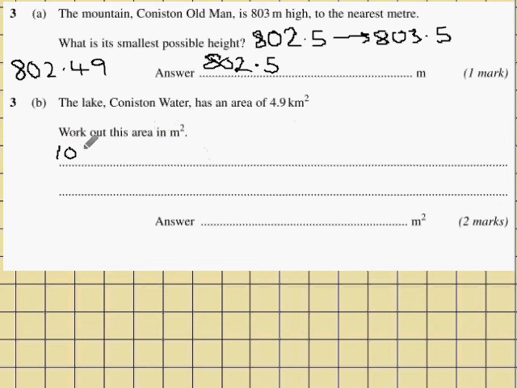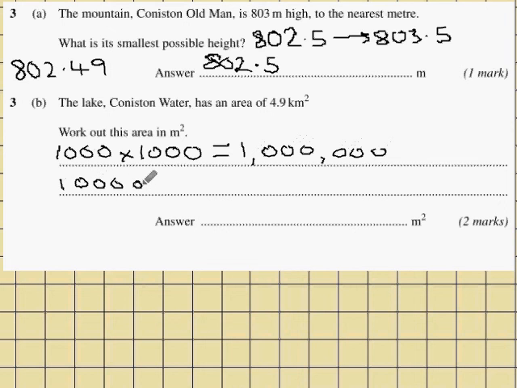So I'll write down 1,000 times 1,000. That's equal to, and I'll just put a 1 and count all my zeros. Well, I've got 6 zeros altogether, so I'll just write 6 zeros altogether, and then I shall write that again with my 6 zeros, 4, 5, 6, and I'm multiplying that by my 4.9 kilometers squared to convert it to meters squared.